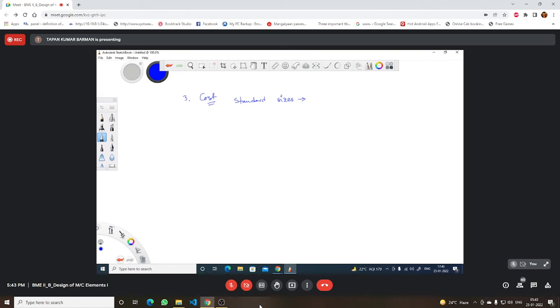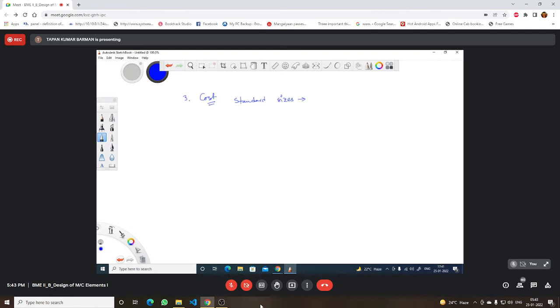That means in your design class also, say for example, you are trying to calculate the rod diameter, the shaft diameter or bolt diameter, always you should select the standard dimensions. You get the calculated dimension, say the bolt diameter is 15.5 millimeter. Next line should be the standard bolt diameter is 16 millimeter.